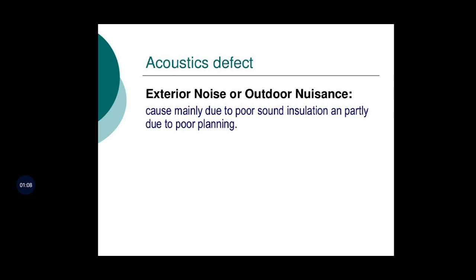The exterior noise or nuisance is carried inside the room, hall or auditorium through loose doors, ventilators, window openings, etc. This defect can be corrected by providing adequate insulation against sound for various components of the auditorium and through proper planning in relation to the surroundings. This is about the acoustical defects, and this was the last one.